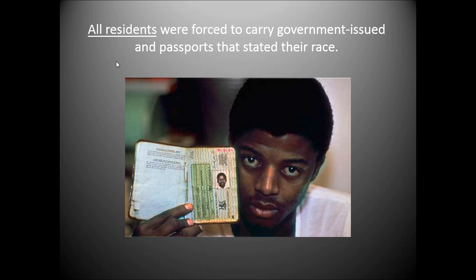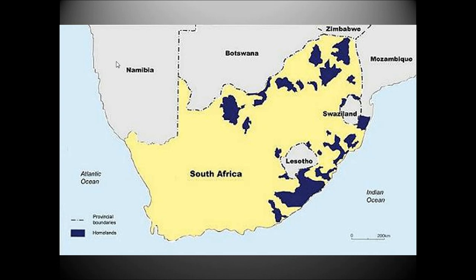So just a picture of one of these passes, and then this map shows us again where all of the homelands were located in South Africa, and you can see the vast, overwhelming majority of the country, especially a lot of these really nice coastal areas here, were set aside solely for white land ownership and white settlement.